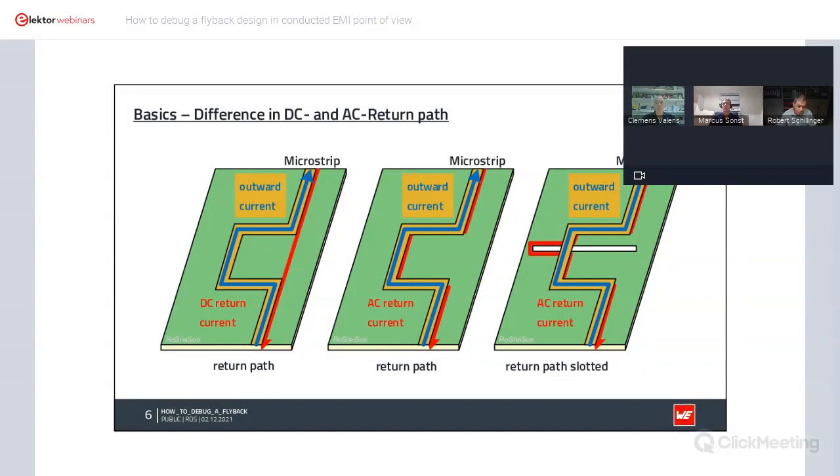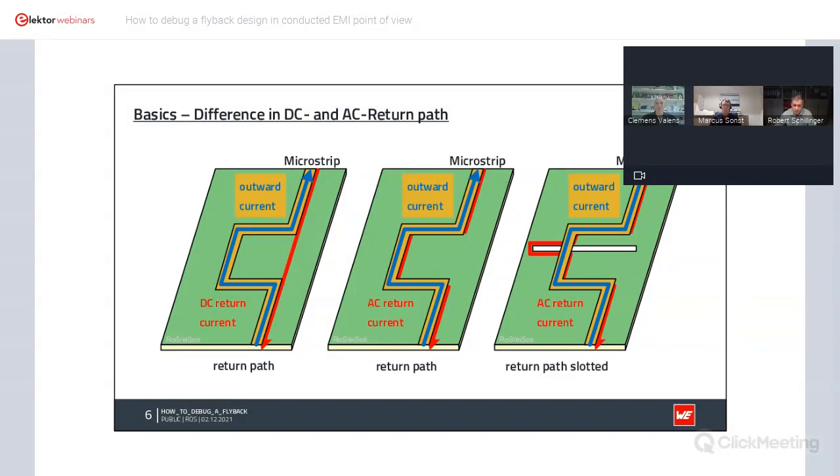Both fields are coming together, and this results in the return current flowing directly under the outward current, because there is the best energy for both fields, and this is the reason why this happens. On the right picture, sometimes if you create a PCB, it happens that you split planes, or you break the original or the best return path.